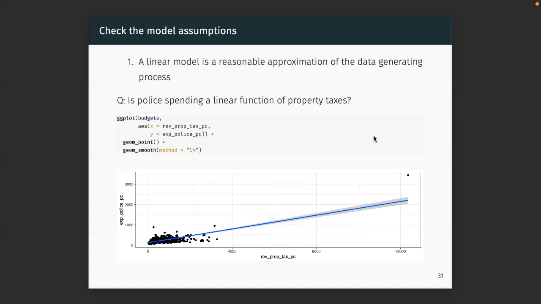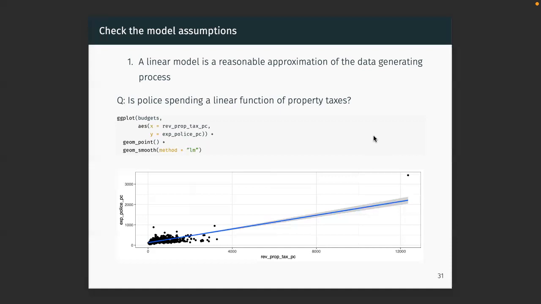As these dots fan out away from the line, if we were to imagine drawing lines around the range of these dots, that's our constant error variance check. Are they similarly spaced away from the regression line for all values of X? If they're not, we have heteroscedasticity or non-constant error variance. In this case, we definitely have non-constant error variance. And the linear model is questionable.